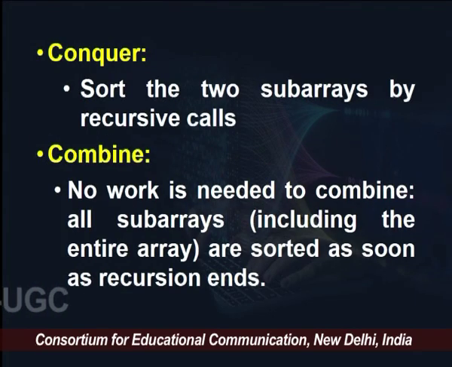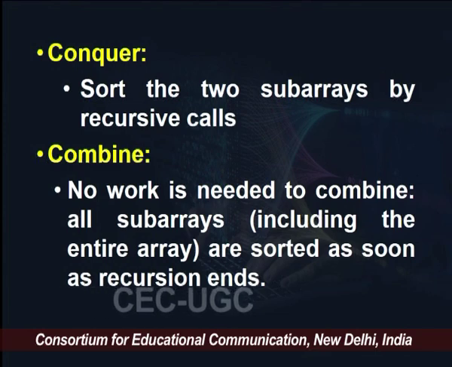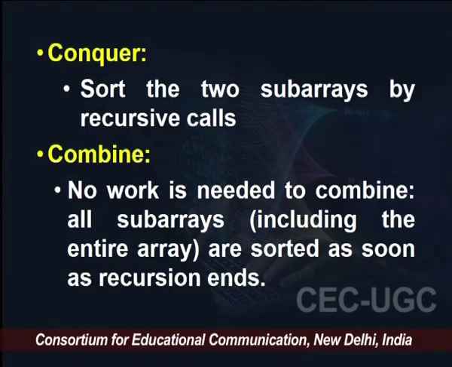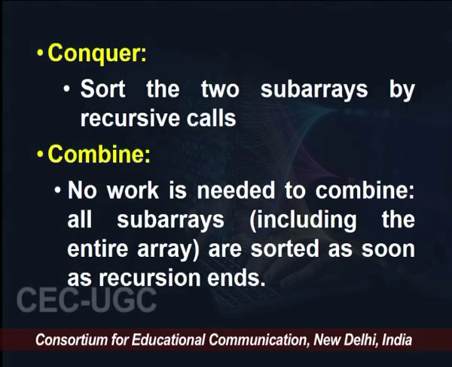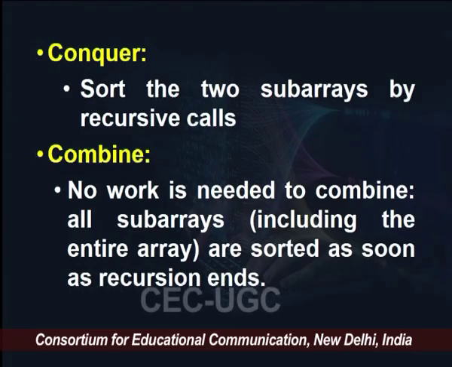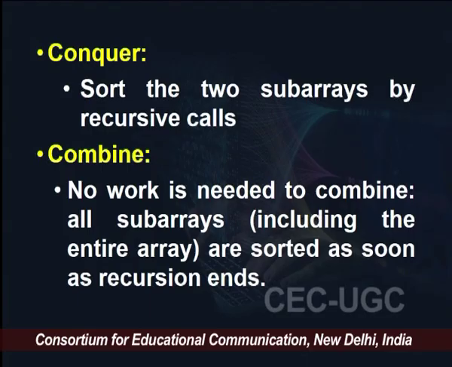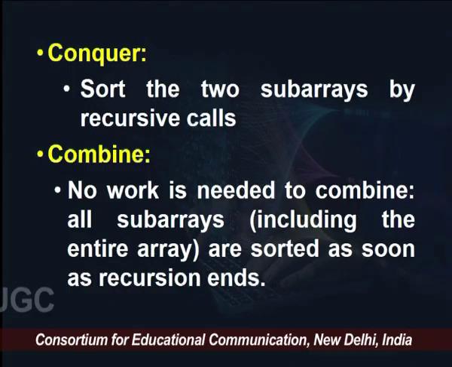Divide and conquer, as you are all aware, is a strategy which goes into three steps. The next step is conquer. Conquering is actually sorting these two sub arrays by recursive calls, by dividing these arrays again and again into smaller partitions, smaller sub arrays, and then sorting them using recursive calls.